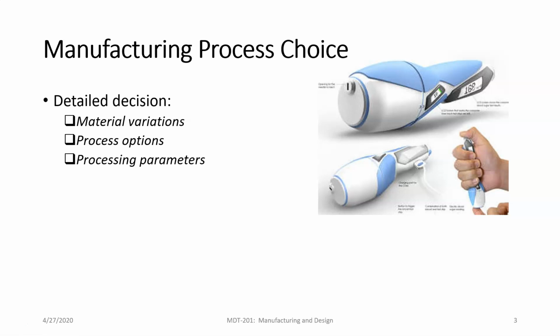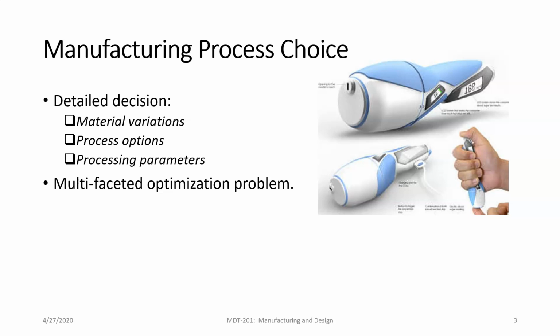So this is a very detailed decision, right? It involves material variations, process options, processing parameters. It's a multifaceted optimization problem. There's that word again, optimization. Again, there's too many variables, so what we have to do is optimize it.